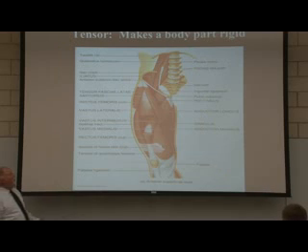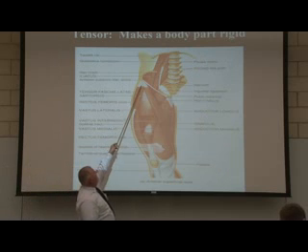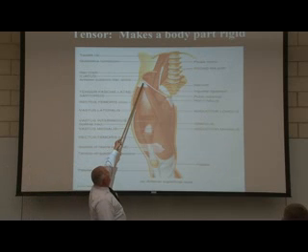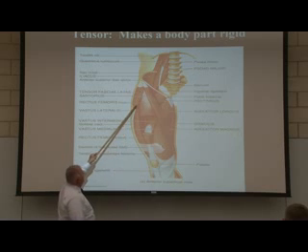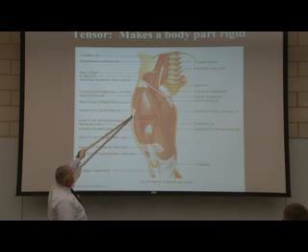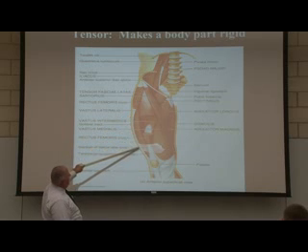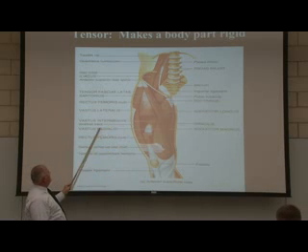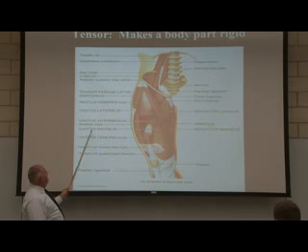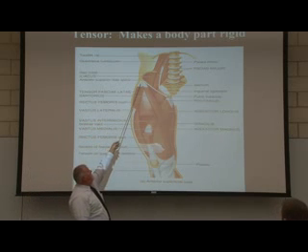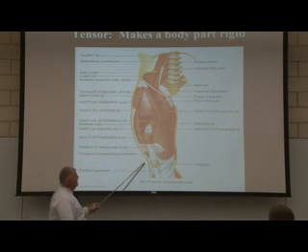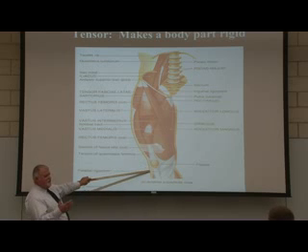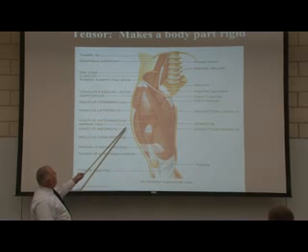So then tensor is a little muscle that comes off the anterior superior iliac spine and then runs down for a short distance. And then it inserts in a really long band of connective tissue. It goes clear down to your knee. So the really long band of connective tissue is called the iliotibial tract, because it originates off the ilium here and goes to the tibia, so it's crossing the knee.